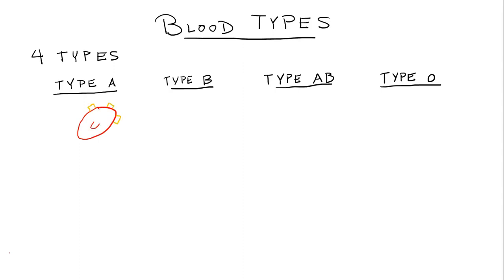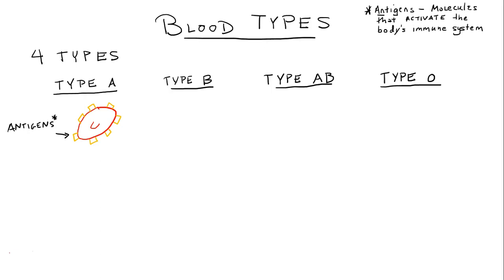In type A blood, I'm drawing these cell surface molecules we call antigens. The term antigen really refers to any molecule that activates the body's immune system. I'm writing that at the top of the slide: any molecule that activates the body's immune system is called an antigen.